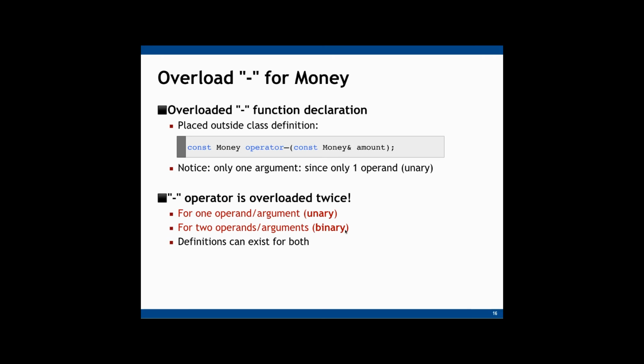Nothing is different. You can overload binary operators and unary operators the same way by using the operator keyword and putting the operator symbol here, but the number of parameters is different.